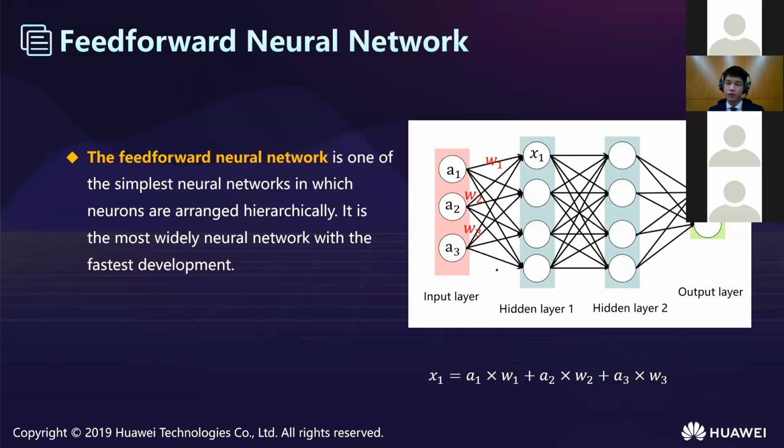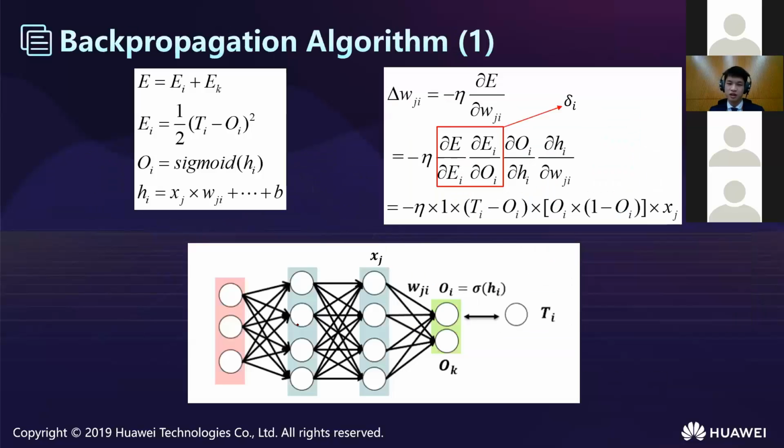When we do the prediction, the calculating direction is from the input layer to the output layer. But when we train the neural network, we need to calculate the loss value first. So that means we will get the loss value of the output layer.